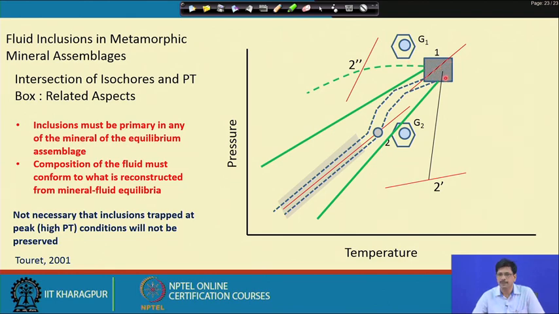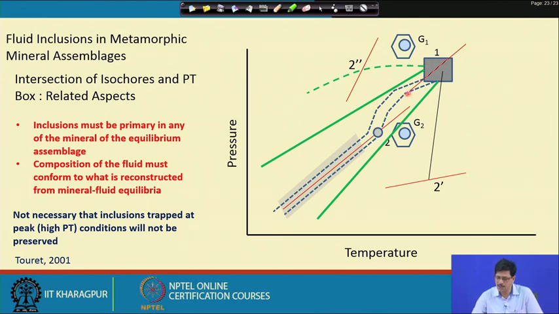If the isochore does not pass through the peak metamorphic conditions, like for example in this particular diagram which has been taken from Touré's paper, here again, of course, whatever we have discussed in context of the preservation of fluid inclusions when they are subjected to conditions which are far different from what could possibly be dictated by an isochoric path.